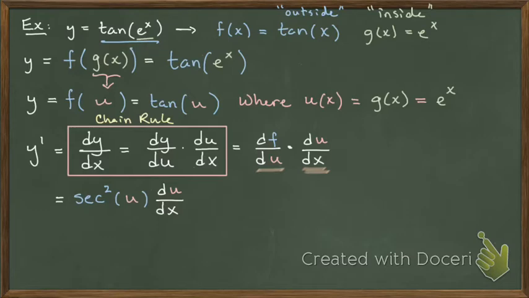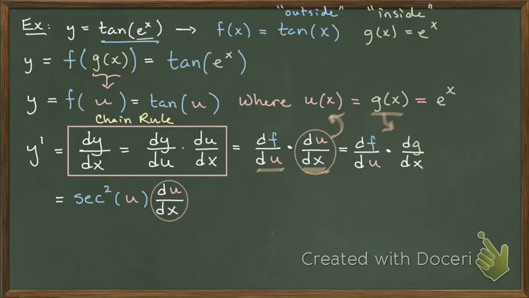I want to try to incorporate g. So I've got df du, and du dx, there's u. I need to take a derivative of that with respect to x. That's the same as taking the derivative of g with respect to x. So really, I can write this also as df du times dg dx, and the derivative of g with respect to x is e to the x.